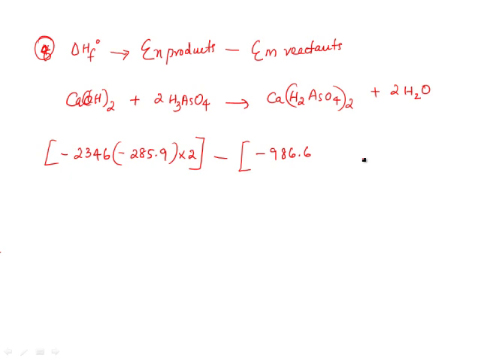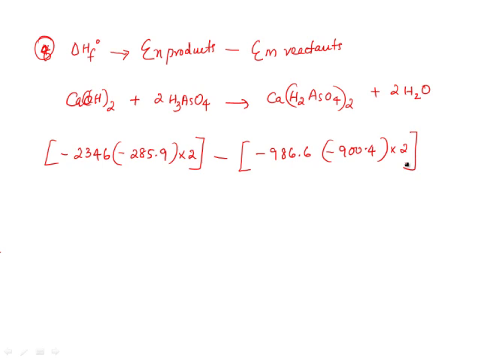There are 2 of them and the number given is negative 900.4, so multiply that by 2. This represents your products minus reactants. All you need to do now is take out your calculators and do that math carefully. The answer is negative 130.4 if you do the math correctly.